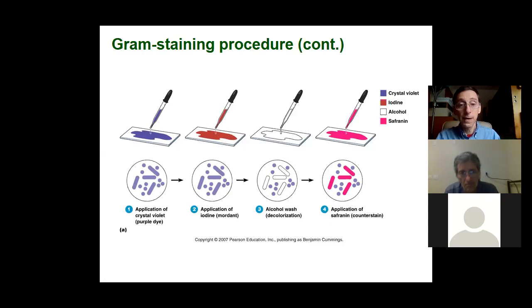You then flood the slide with the acid alcohol wash step for only about 5 seconds.